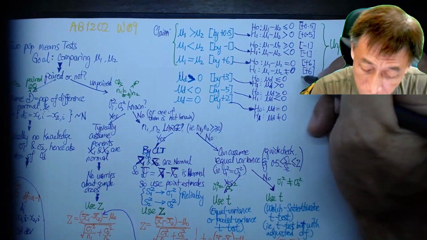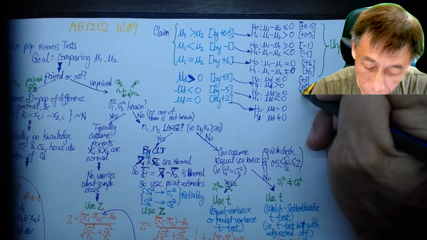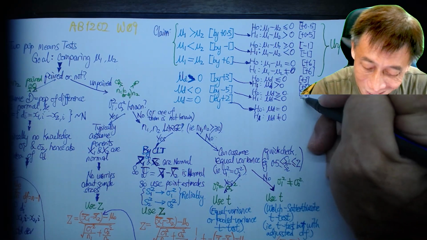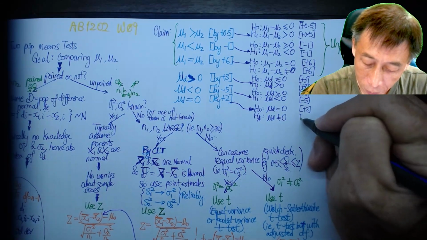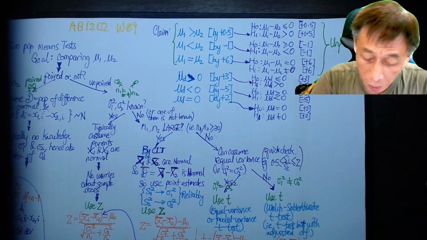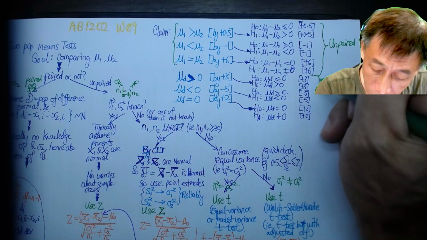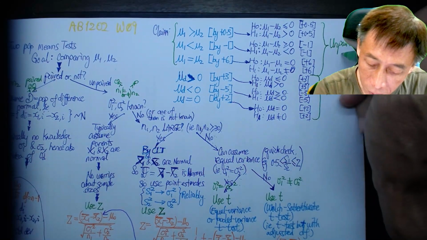Okay, so obviously we will do a plus 3 and plus 3, right? Plus minus 5 to replace the 0 if minus 5 was mentioned, and plus 2 to replace the 0 if it was mentioned. So again, now this set will be the kind of hypothesis you use for the paired test.